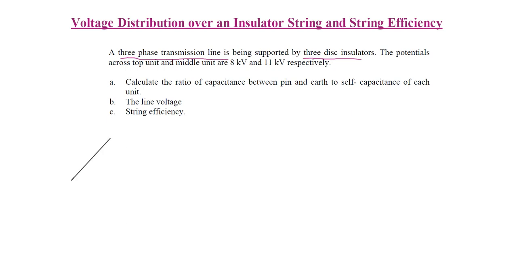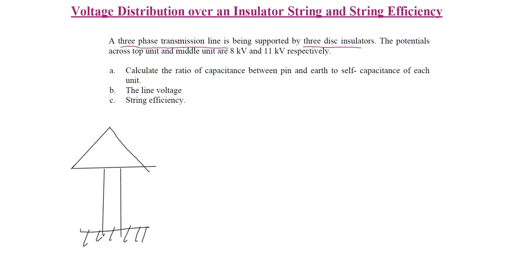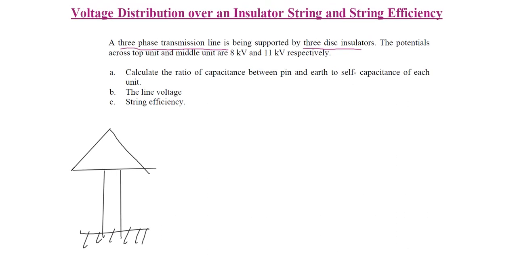So if we draw the conceptual diagram of our transmission line, it looks like this, where this is our tower. Then we have disc insulators, and then we have the line.